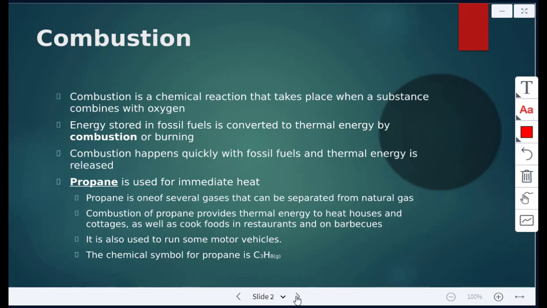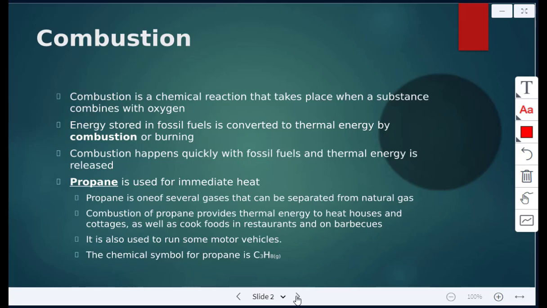It's one of several gases that can be separated from natural gas, and combustion of propane provides thermal energy to heat houses, cottages. It's used to cook foods in restaurants, and also those tanks for barbecues.